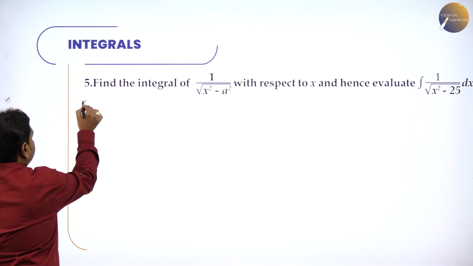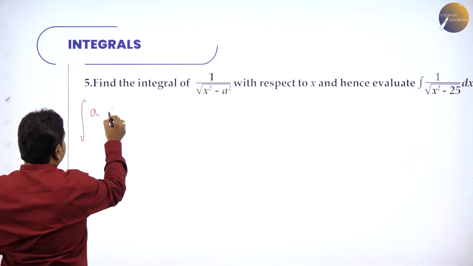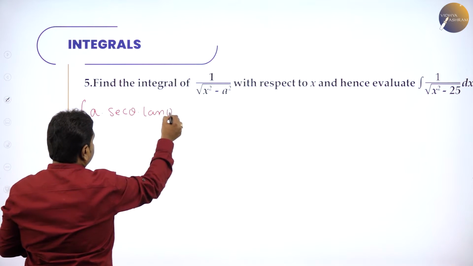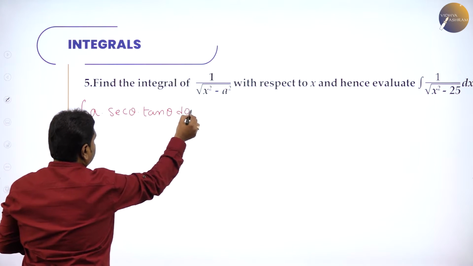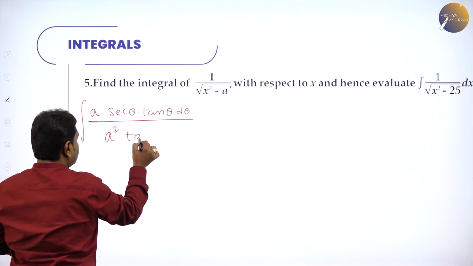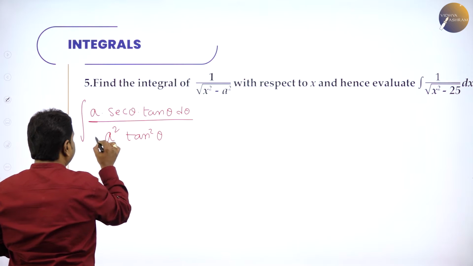So now the given problem is reduced. We have numerator a secant theta tan theta d theta, and denominator we have a square tan square theta under root.